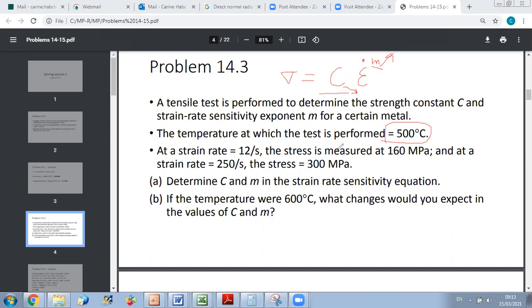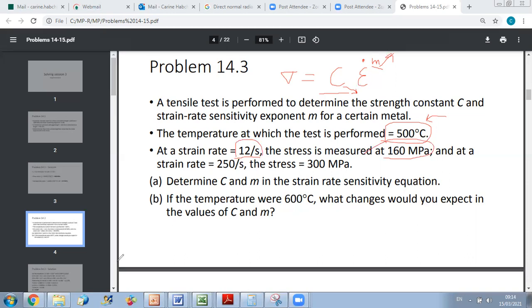to start with, for a fixed temperature of 500, we want to find what are the values of C and M. This is like the calculation of strain hardening exponent and the strength coefficient. It's the same method. I put two equations with two unknowns. All I have to do is to replace by coordinates of the 2 points. So the first point I have has a strain rate 12 per second and a sigma of 160 megapascal.